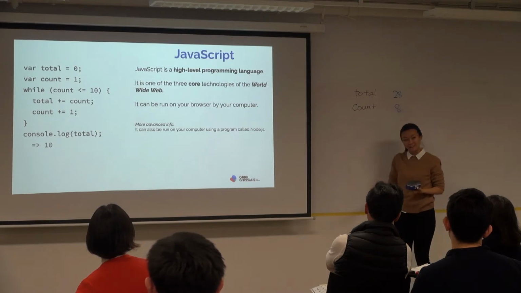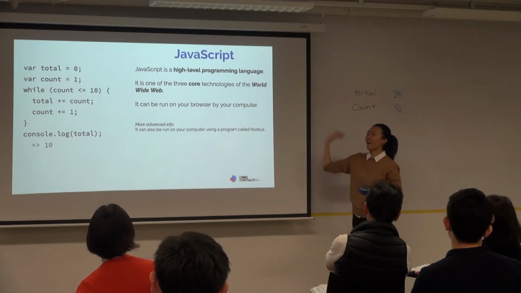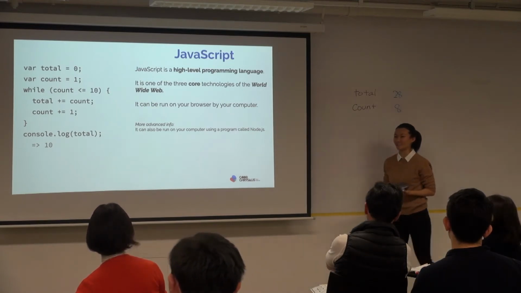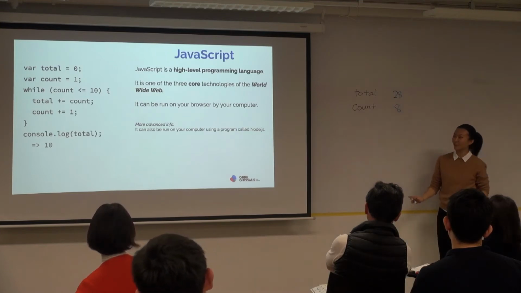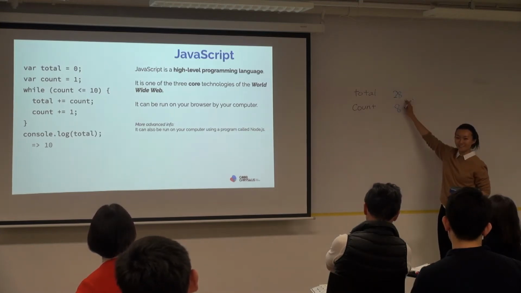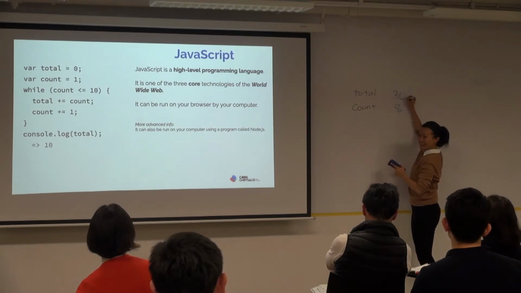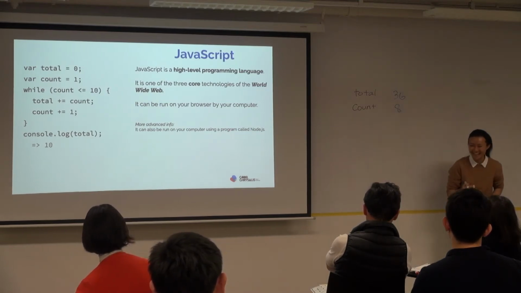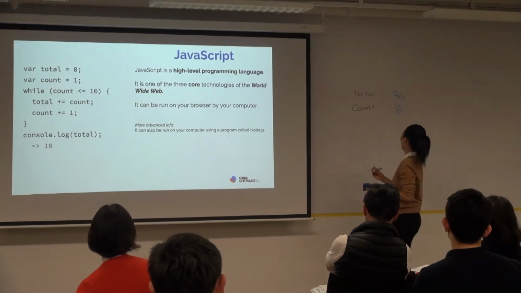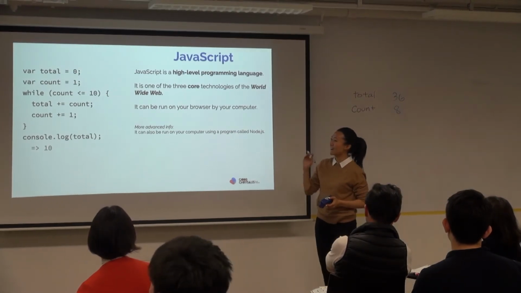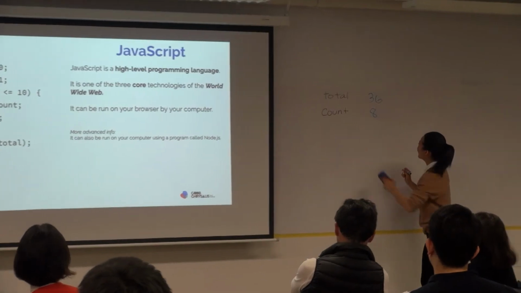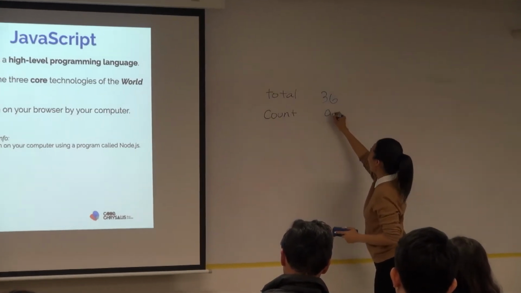Do we loop again? Yes. Count less than or equal to 10? True. What is my new total? 36. We're getting into math that people pause on now. What is my new count? 9.